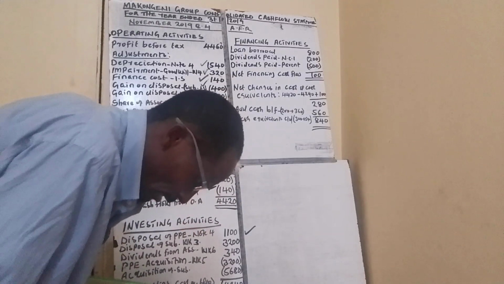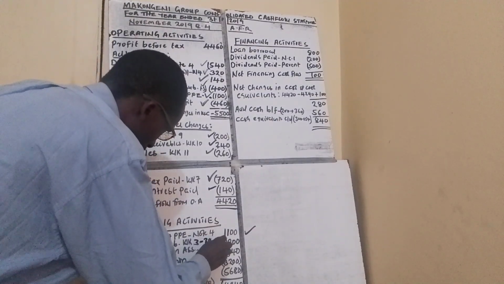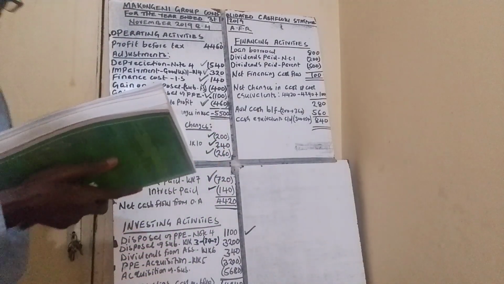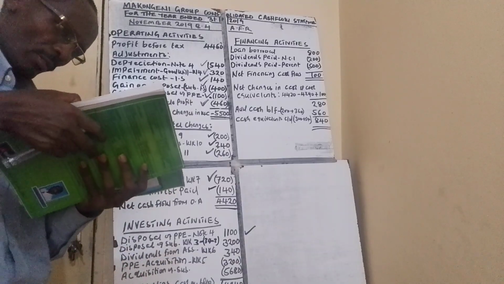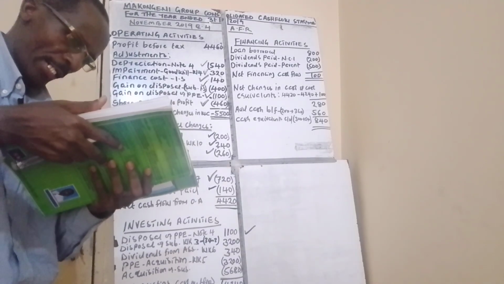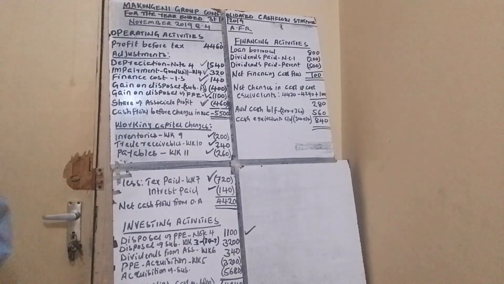You are taking that 400 minus 200. Just check your working number 3, which is helpful for you.